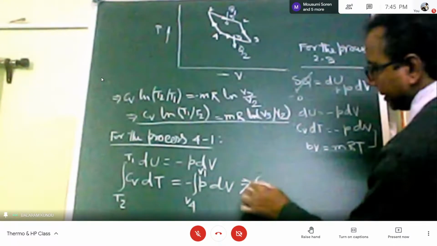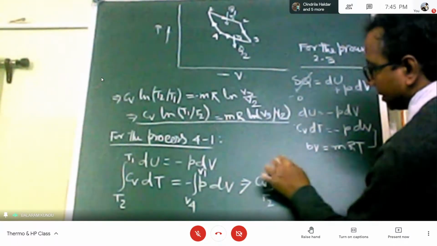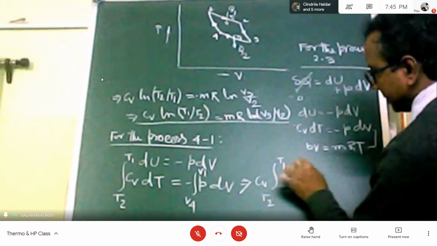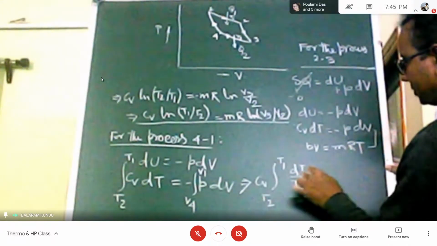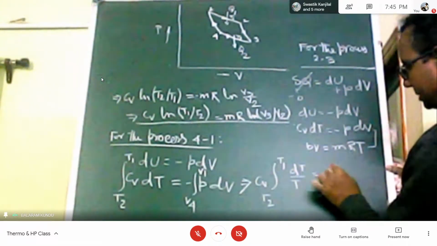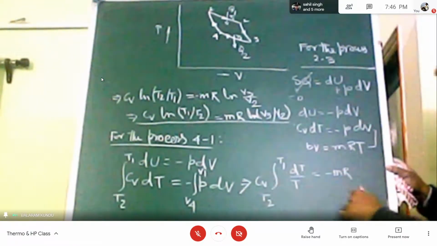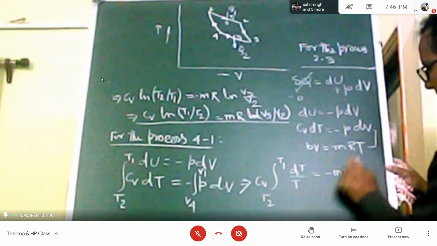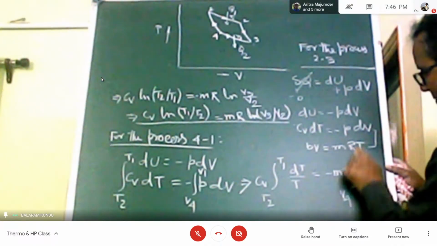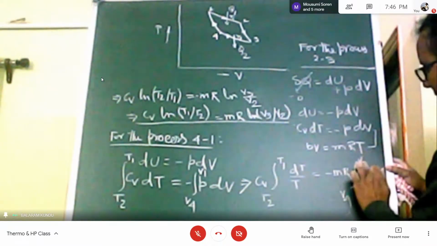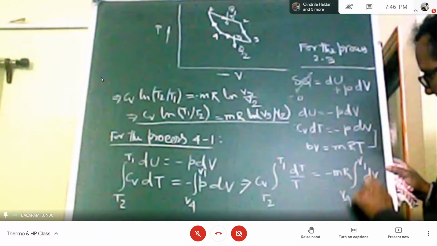So Cv into the integration from T2 to T1 of dT divided by T is there obviously, and that should be equal to minus nR into the integration from volume V4 to volume V1, so V1 into dV by V.